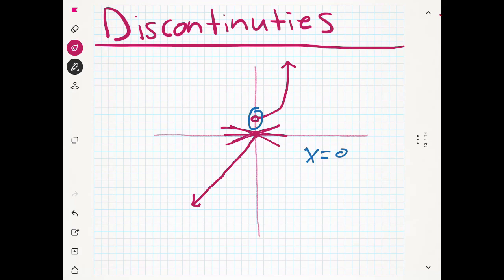It's a pointy edge in a sense. I do not have a tangent line because there's multiple possibilities. And since I have no tangent line, I have no slope of a tangent line, and that means I have no derivative. So this is not differentiable.